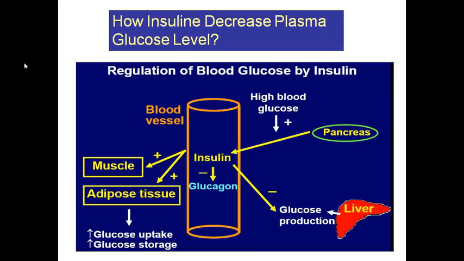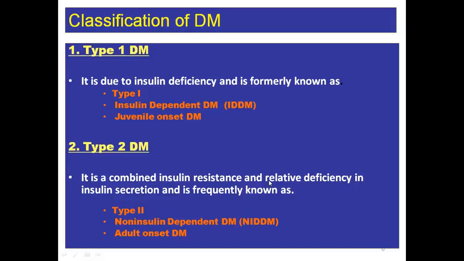So whenever there is high blood glucose level, the pancreas will release insulin, which will inhibit glucagon and tell the liver to stop producing glucose, while asking the muscles and adipose tissue to take up the glucose, and this in turn will reduce the blood glucose levels.